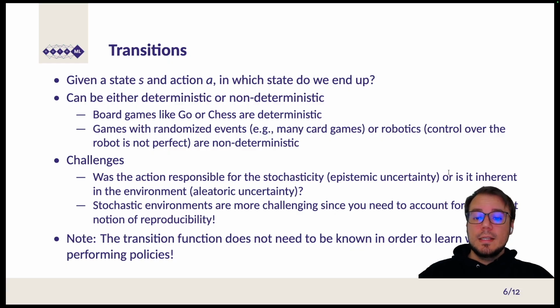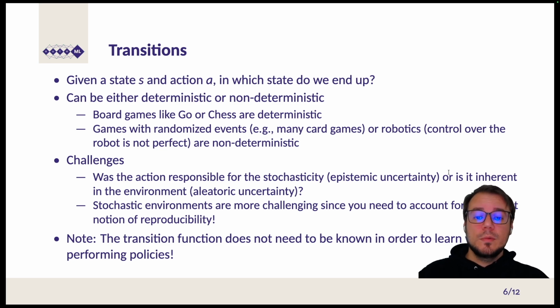If the transition is non-deterministic, it's very important that you also take into account that you have these different types of uncertainty attached here. For example, if the action was responsible for the stochasticity, that is the epistemic uncertainty, which you can potentially control. Whereas if it's inherent to the environment, the aleatoric uncertainty, you do not have direct control over this.